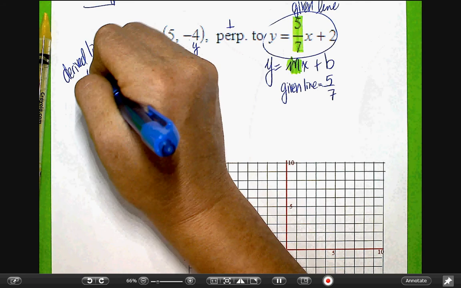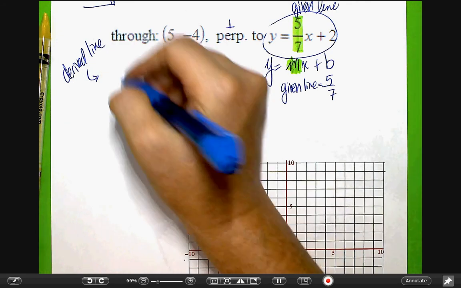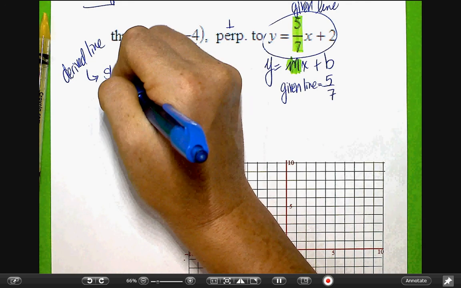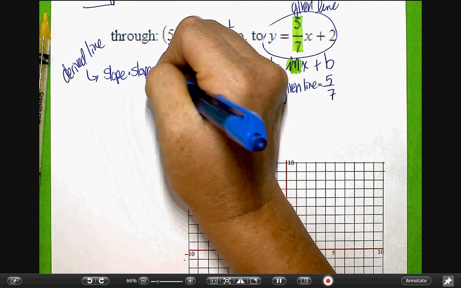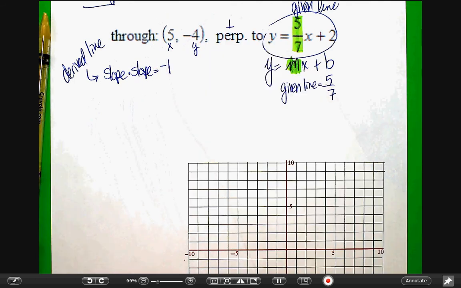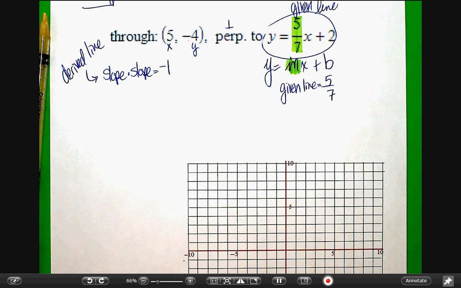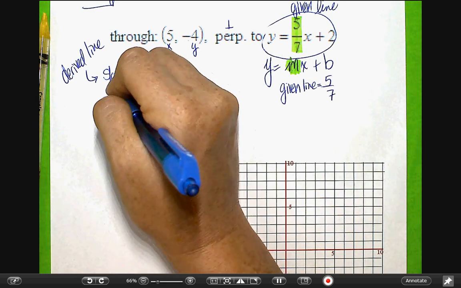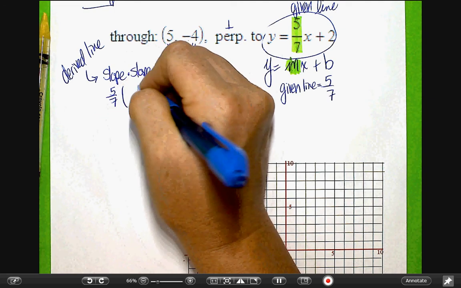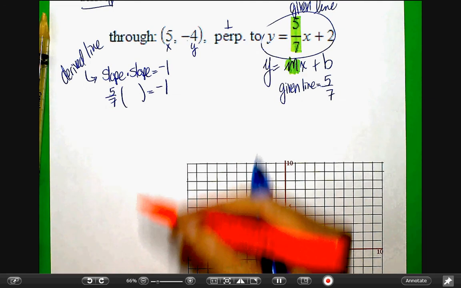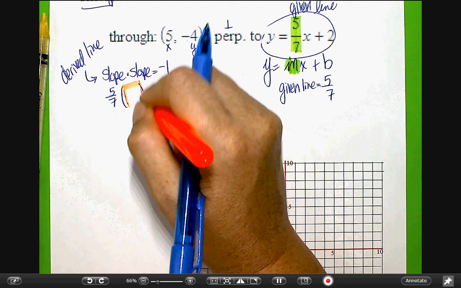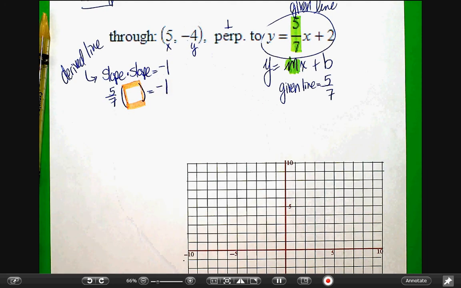Now the derived line, we want it to be perpendicular. So we write out our perpendicular property where it's slope times slope equals -1. So it's going to be 5/7 times something equals -1.